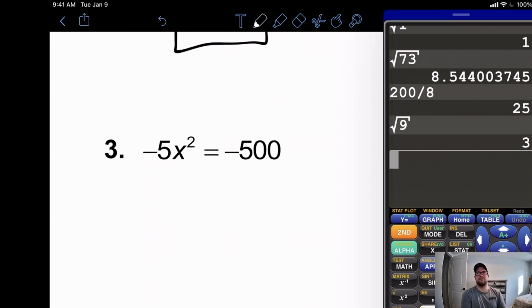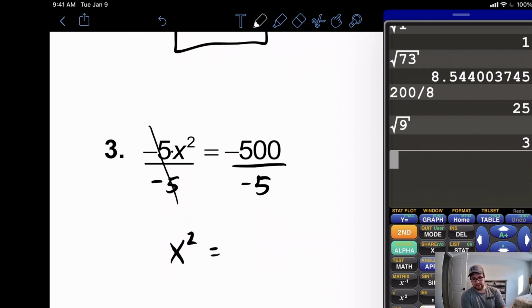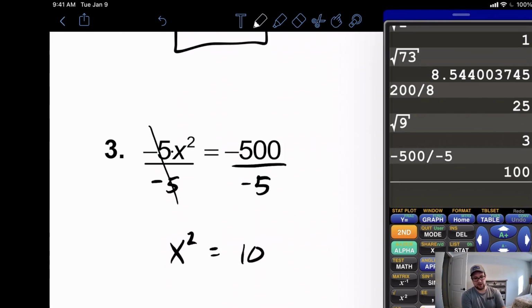Here's a little bit tougher one. Now, in this situation, notice it's only the x that is being squared. So we want to get that part alone. To do that, negative 5 is hooked on there by multiplication, so we want to divide off by negative 5. Doing that, I'm going to be left with x squared equals negative 500 divided by a negative 5 is positive 100.